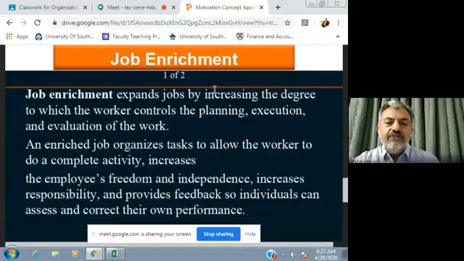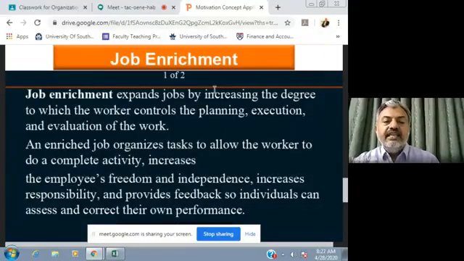And after obtaining results, you have to enter the data into the computer and then generate a report and send that report to the pathologist for their remarks. So this is how you have completed one task. An enriched job organizes tasks, different tasks, to allow the worker to do a complete activity.